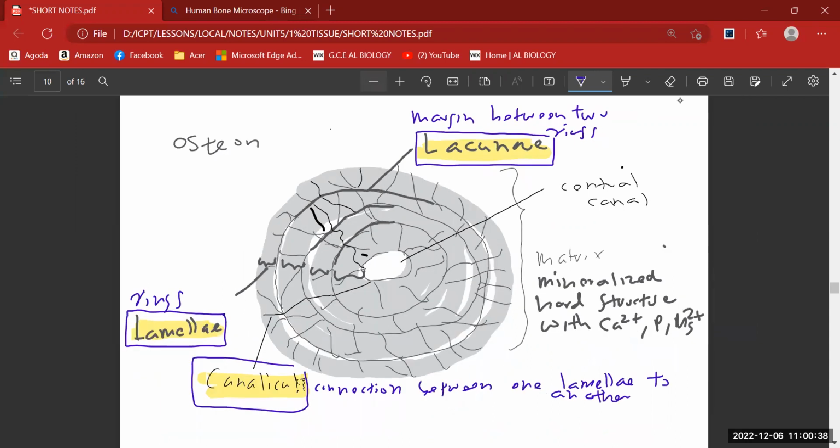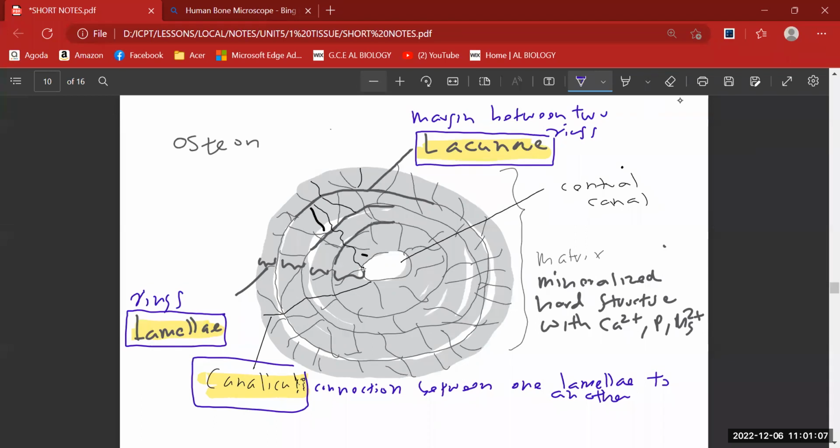So the mineralizations, calcium, phosphorus, and magnesium, form this kind of round-shaped structures, which have an appearance like rings called lamellae, and then we can find the margins in between the two lamellae. There is a space called lacunae, and all lamellae are connected with each other by a network of canaliculi.